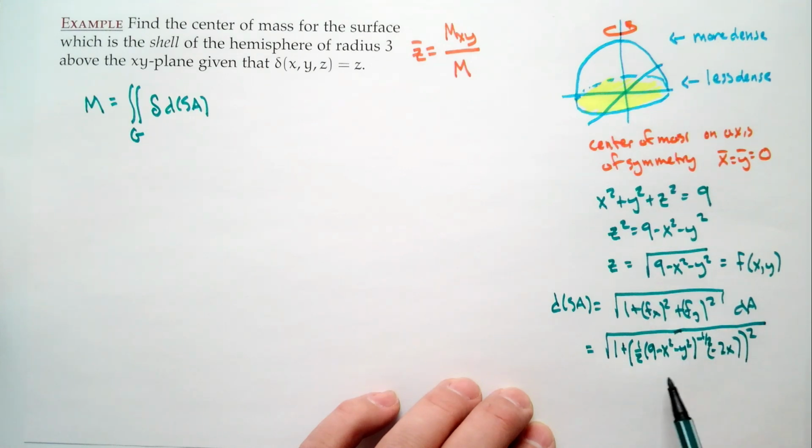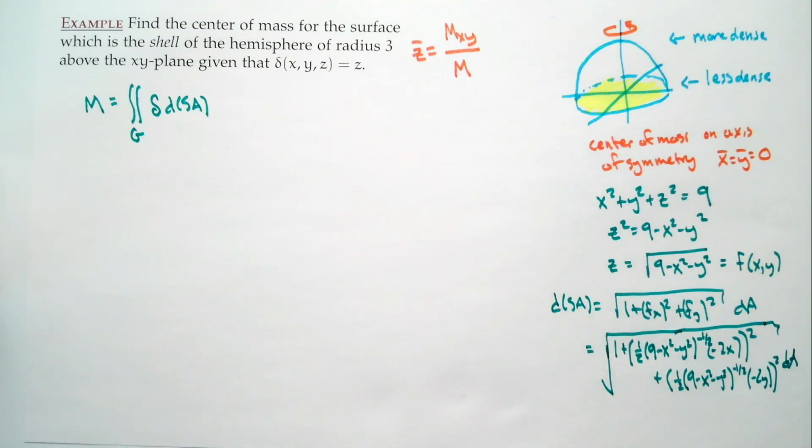And now I see I definitely don't have enough space. So imagine this is a really big square root. So similar when you do y: 1/2, 9 minus x squared minus y squared to the minus 1/2 times minus 2y. And that's going to be squared. And all that multiplied by dA on the end. Now at this point, you might be getting a little bit nervous, but I hope you have faith that things work out.